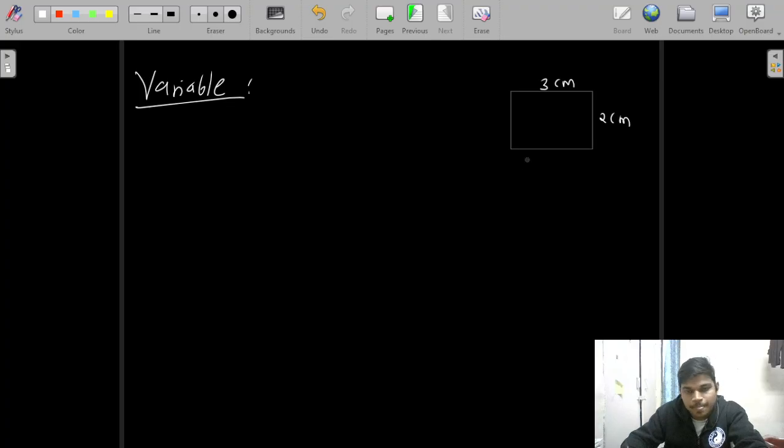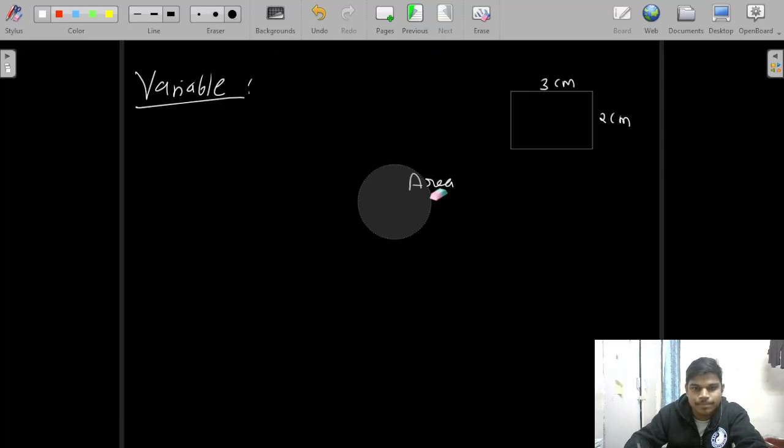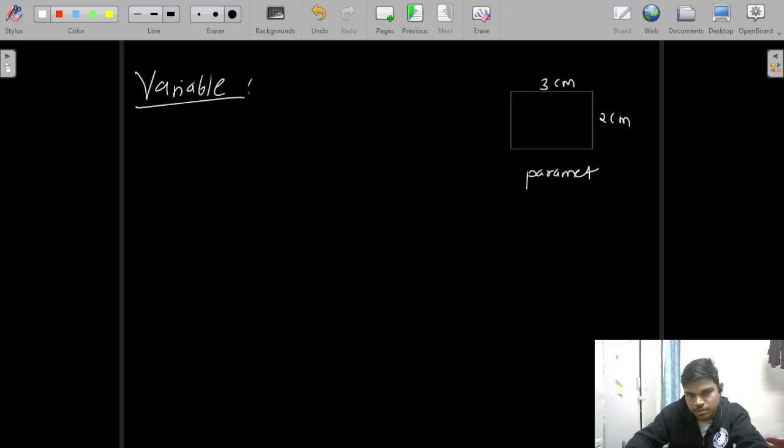Now, what is the area? Or just find the perimeter first, then we will work on the area. What is the perimeter of this? It is 2 times length plus width. This is the formula.